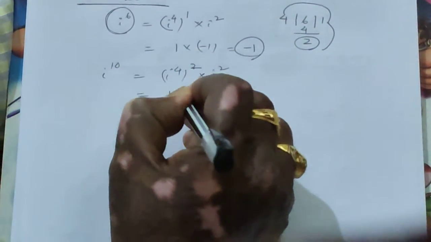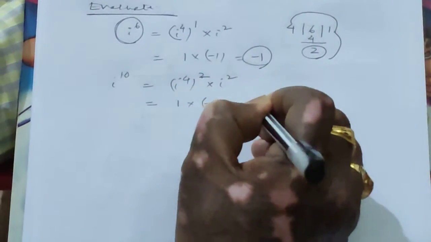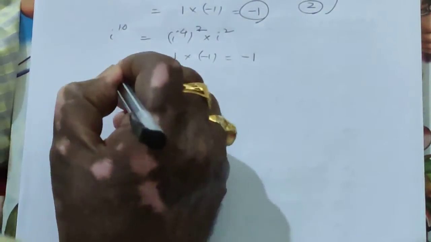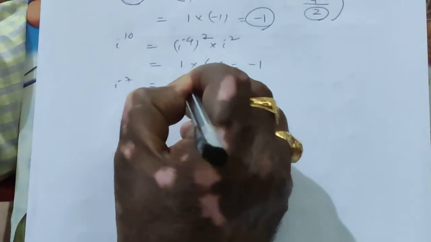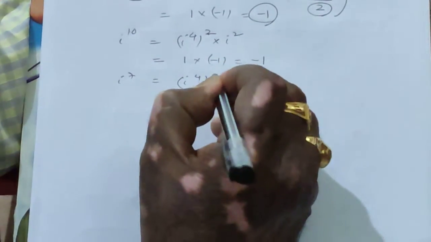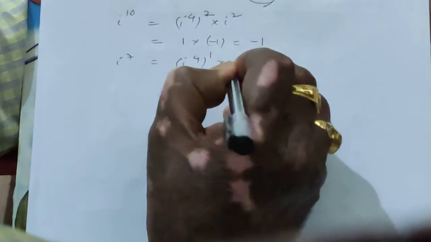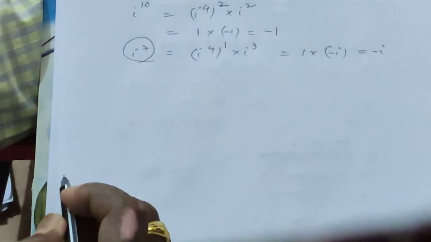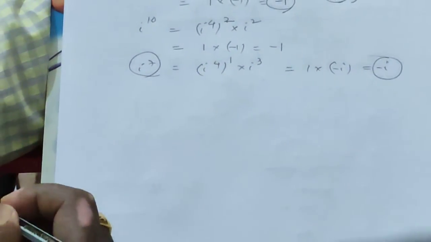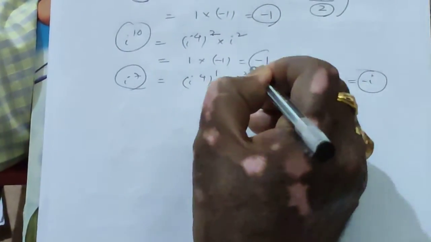So 1 into i square, minus 1, equals minus 1. i to the power 7 equals i to the power 4 to the power 1 into i cube equals 1 into i cube, which is minus i. i to the power 7 equals minus i. i to the power 10 equals minus 1.